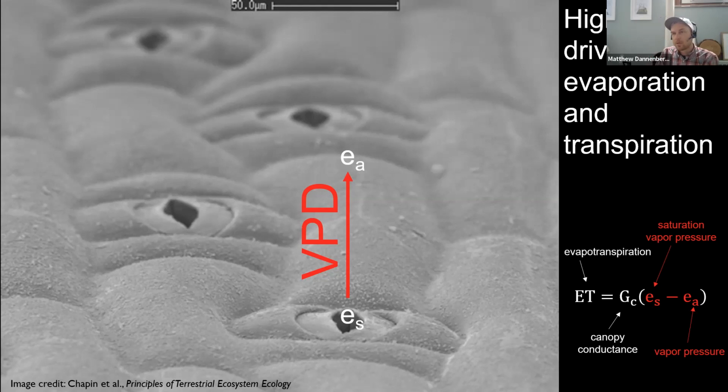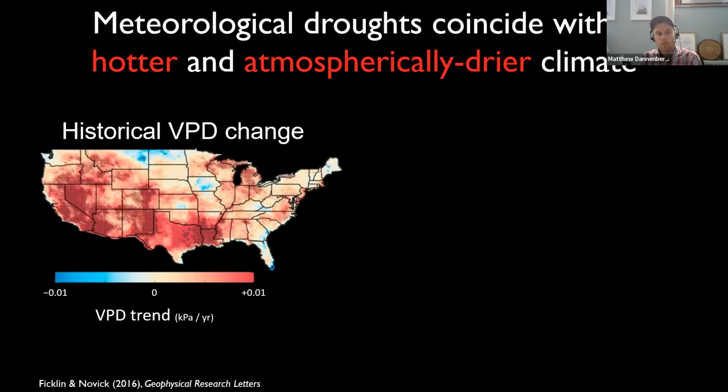And so higher vapor pressure deficit should mean faster loss of soil moisture, faster loss of water from the plant, and potentially lower carbon uptake as plants either lose hydraulic function or close their stomata to prevent that loss of water. And then further, that vapor pressure deficit, as most of us likely know, is expected to increase as temperatures continue to increase because the relationship between saturation vapor pressure and air temperature is nonlinear.